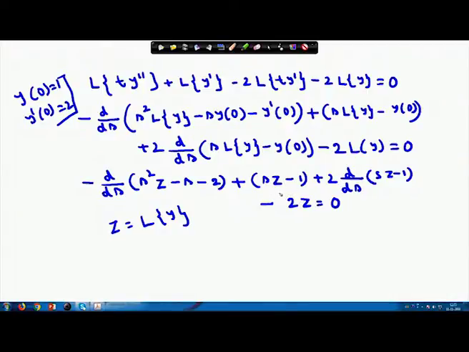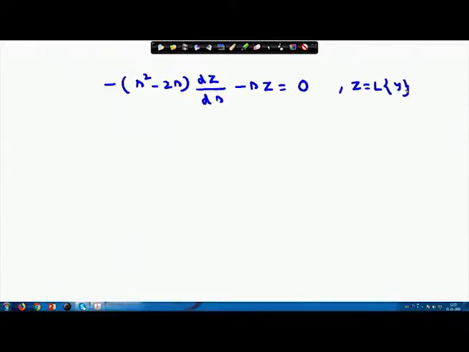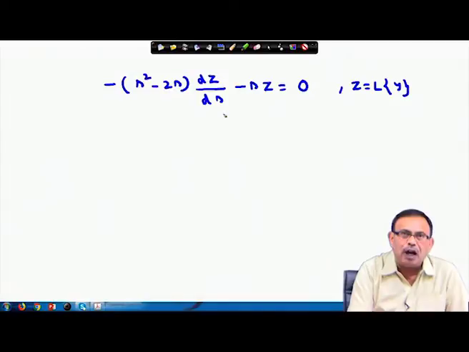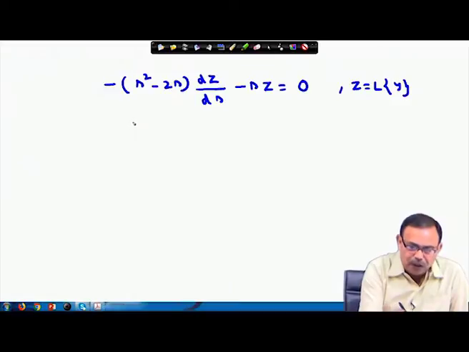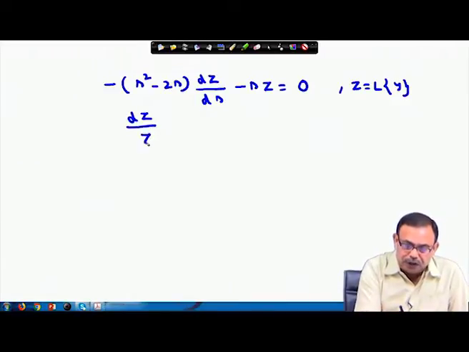So, once I am getting this, I can break this d d s part and I will obtain this equation: minus s square minus twice s into dz ds minus sz, this is equals 0. As I was telling, by assuming z equals Laplace transform of y, your second order ODE is being transformed into one first order ODE, and I have to find the solution of this first order ODE. To find the solution of this I can use the separation of variables.